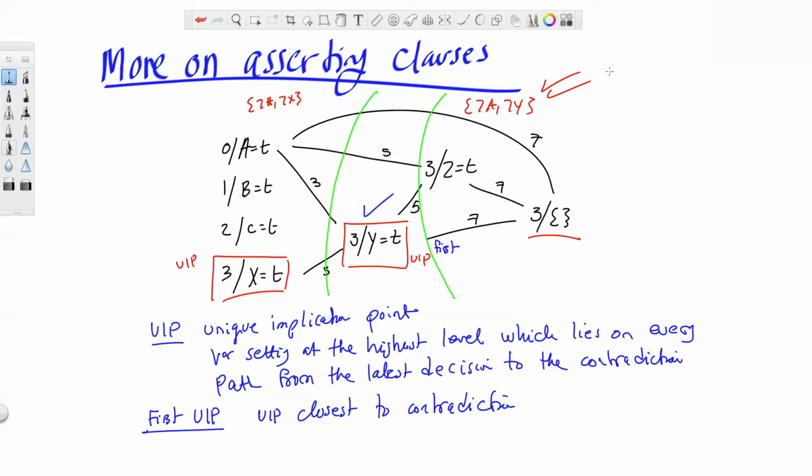We need to make two more observations on this algorithm. Maybe we'll do one with an example and just hint at the other. This is important because the example I'm going to show you next will show you to what extent this algorithm now deviates from depth first search, which is what people understand DPLL to be.